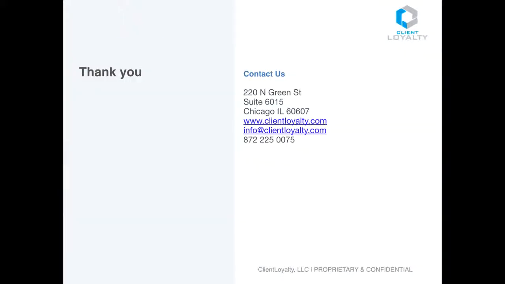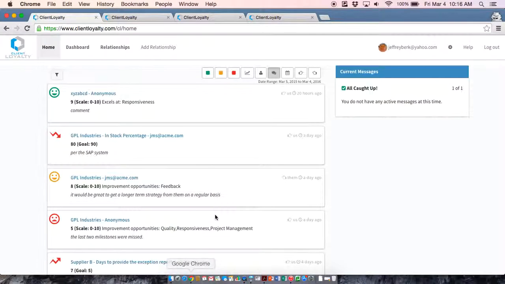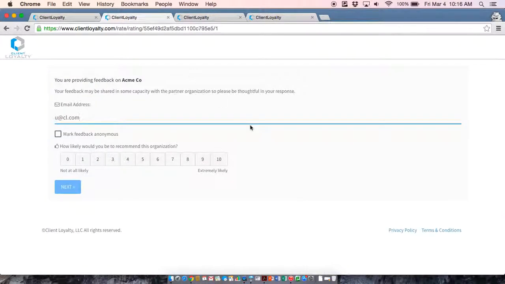Now let's take a quick look at the client loyalty system online. When you go to client loyalty, there are 3 report out tools within the system. We'll discuss those in a moment, but let's talk about how data is collected. Direct feedback is collected through automation or manual email sends. Anybody will be able to click a link and answer a question so that you within your organization can get feedback from people who work closely with the business partner.